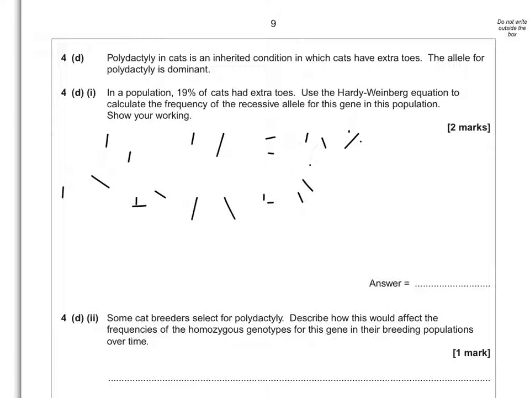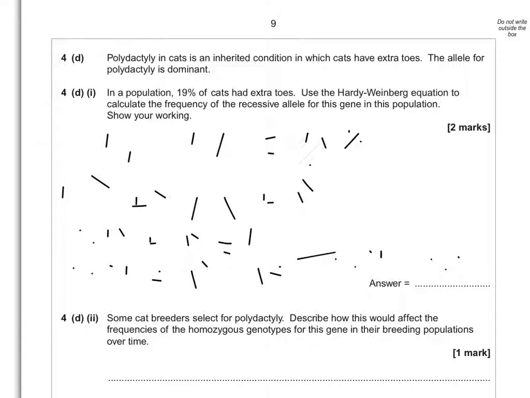So we need to find q squared. We know p plus q equals 1, so therefore we can say 0.19 plus q squared will equal 1. So therefore it must be 0.81, so that's q squared. And if you work out q, which is what we're trying to find out, the recessive allele, q equals the square root of 0.81, and that equals 0.9.